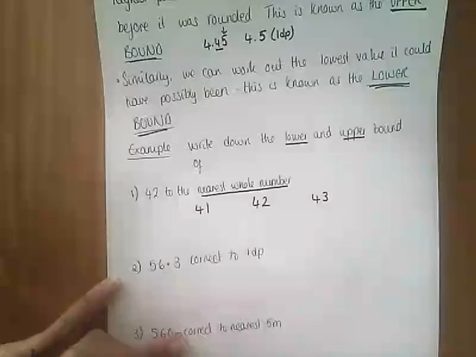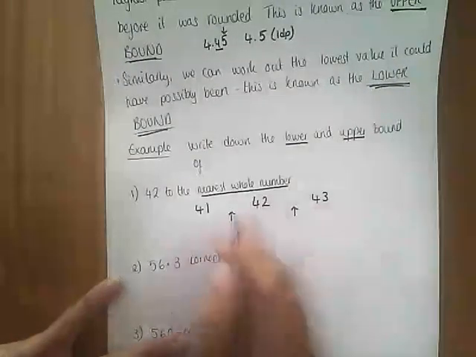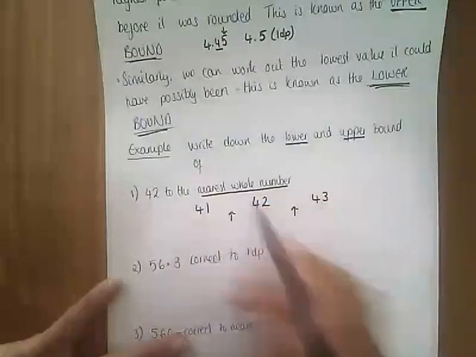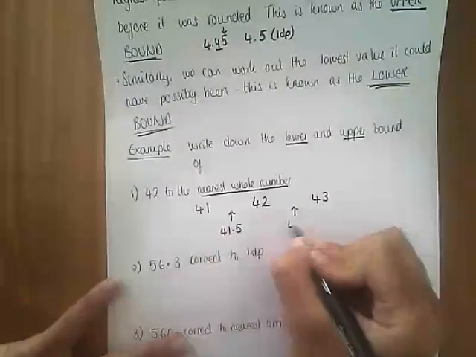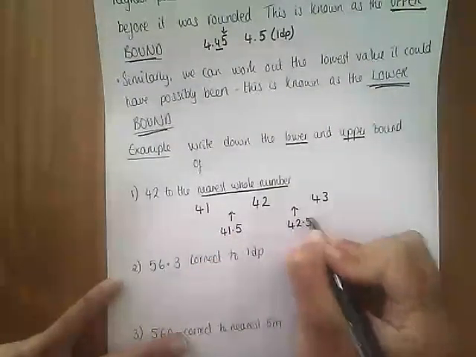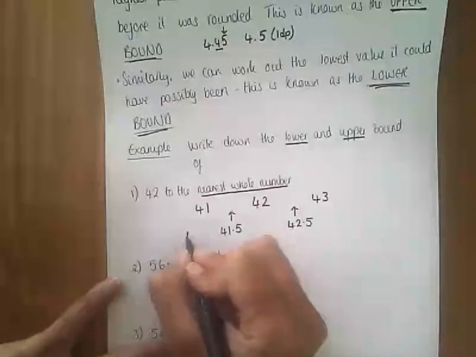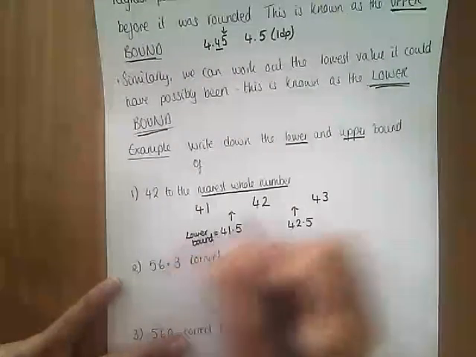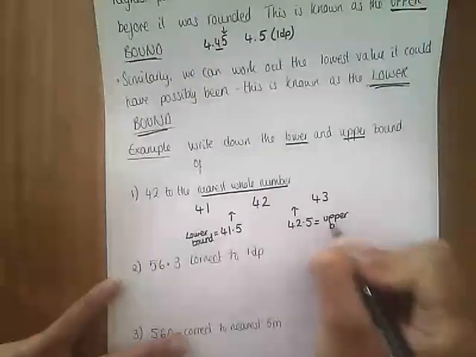I then want you to find what is halfway between these numbers. Halfway between 41 and 42 is 41.5, and halfway between 42 and 43 is 42.5. The bottom one is the lower bound of this number, and this here is the upper bound, okay?